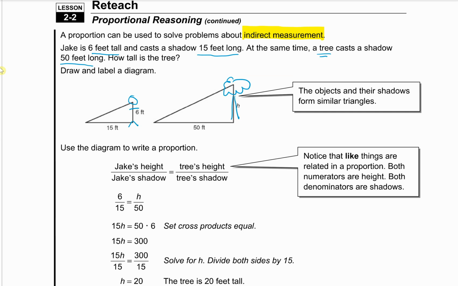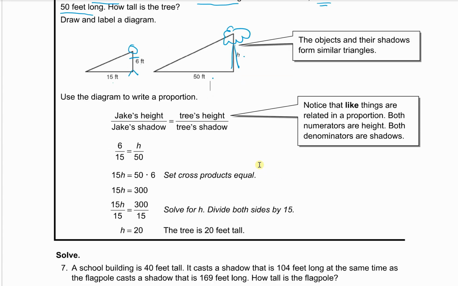Here we have 6 is to 15 as h is to 50. So we're going to compare Jake's height to Jake's shadow equals the tree's height to the tree's shadow. 6 is to 15 as h is to 50. They do some cross products, divide, they get h equals 20. So that tree is 20 feet tall. Now there's another way we could do this. We could compare shadow to shadow.